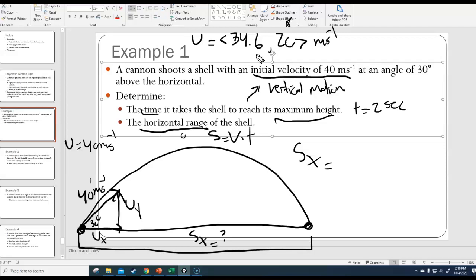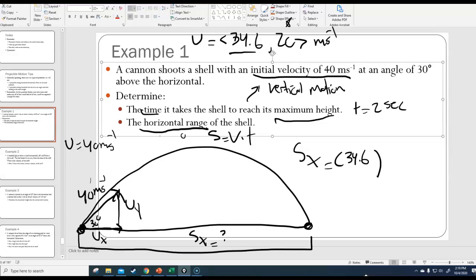Because remember, 34.6 meters per second, that was ux. But that velocity never changes, right? Even at its highest point, the y component of the velocity is 0, but the x component is still the 34.6 meters per second because you have constant velocity in the x direction. Okay, so I'm using my constant velocity equation. The v that I care about is only the x part of the velocity, that 34.6, and then the time is the time that's in the air.